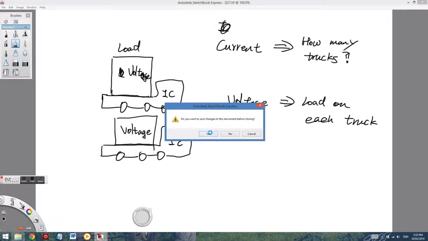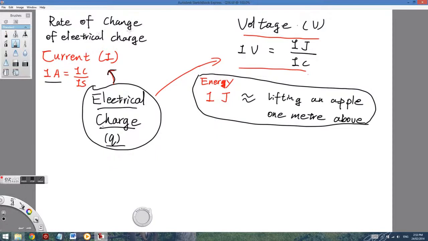Just remember the relationship between these. Current is the rate of change of electrical charge, the number of electrical charges per second, the number of trucks. Voltage is how much energy one electrical charge, one coulomb of charge, carries.